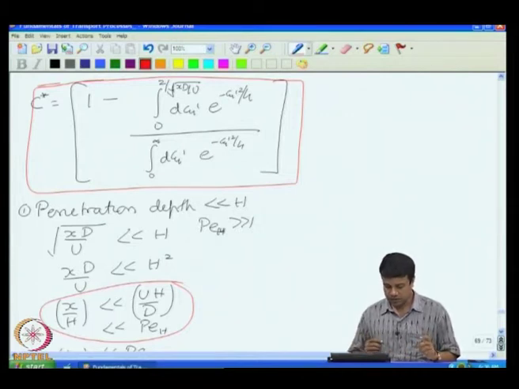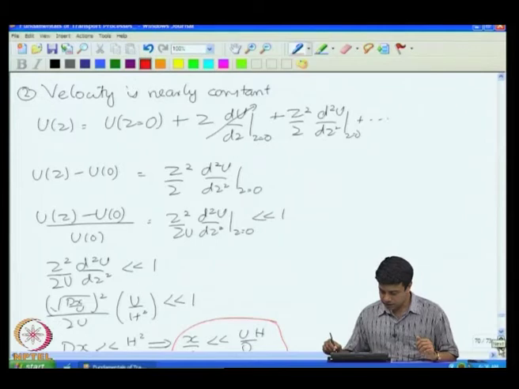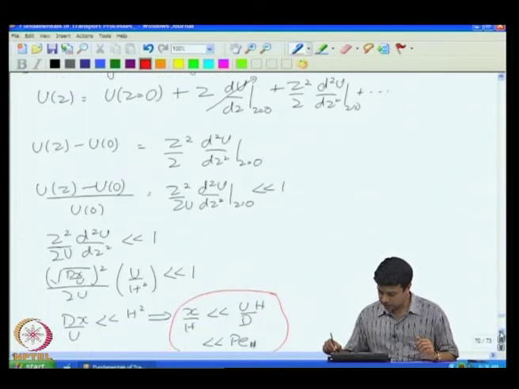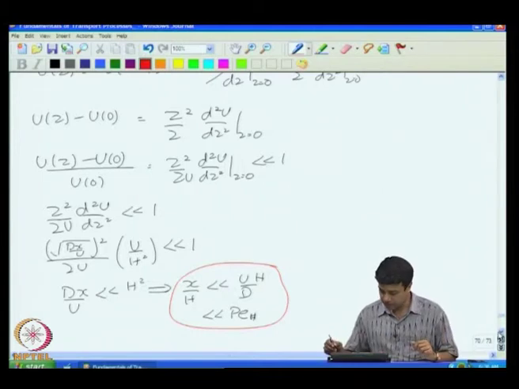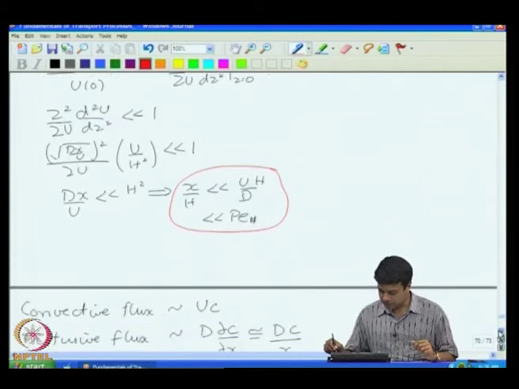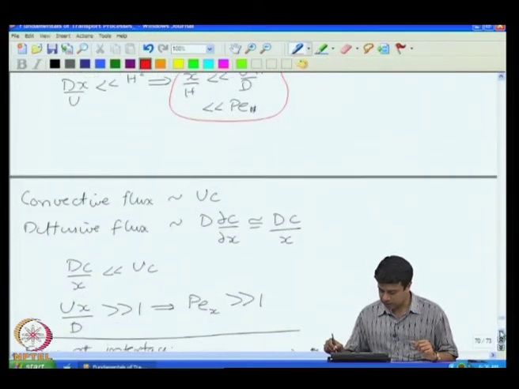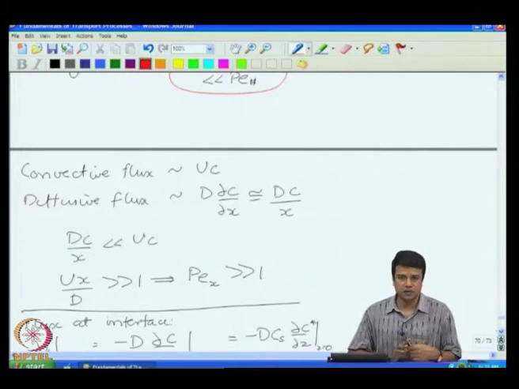The penetration depth and the velocity approximations are always valid, provided the length to the thickness ratio is small compared to the Peclet number based upon the thickness of the film. And we also required that the Peclet number based upon x had to be large compared to 1, for the diffusion to be small in the streamwise direction in comparison to convection.